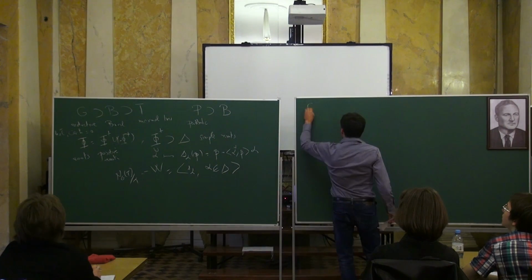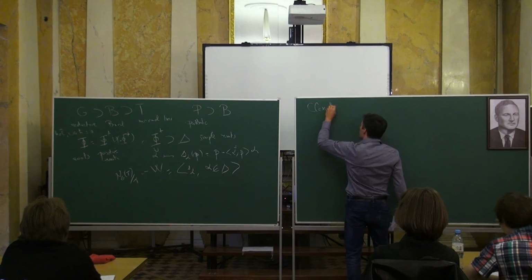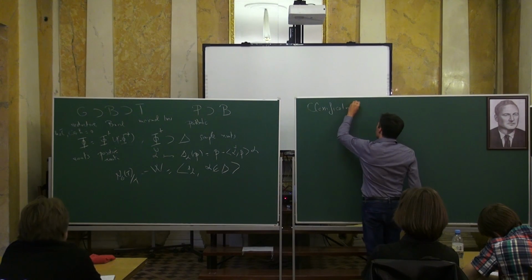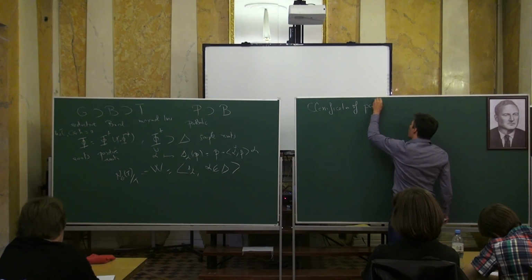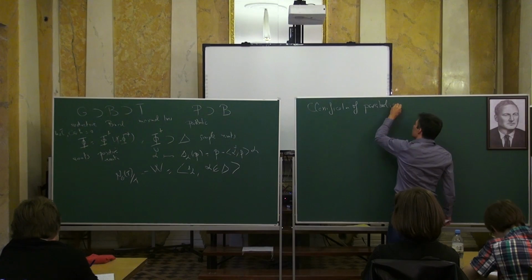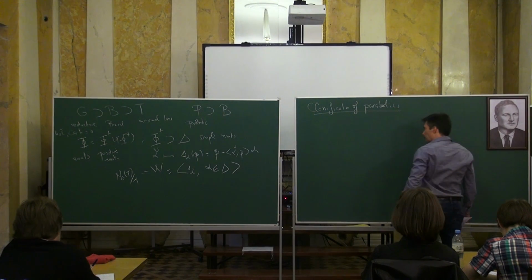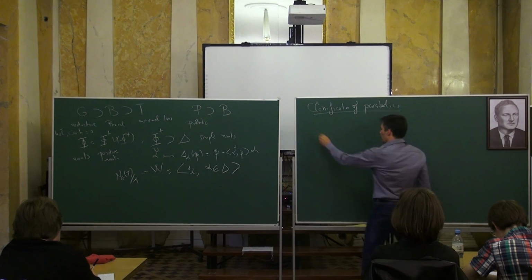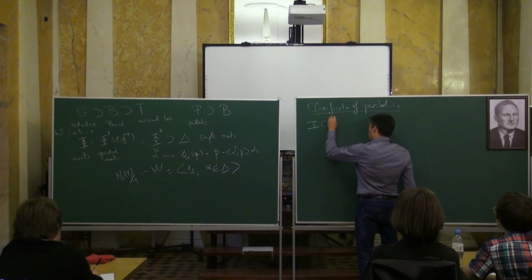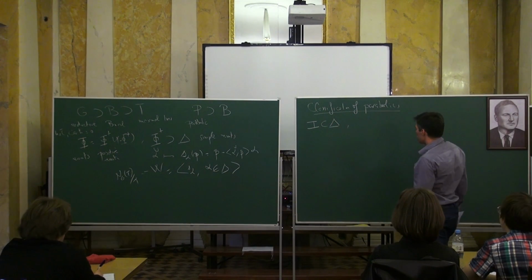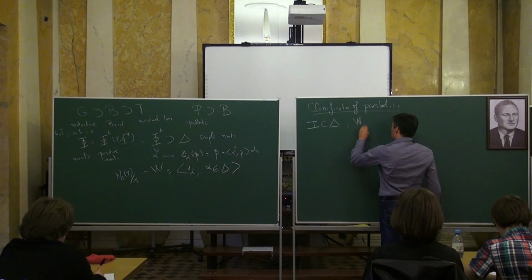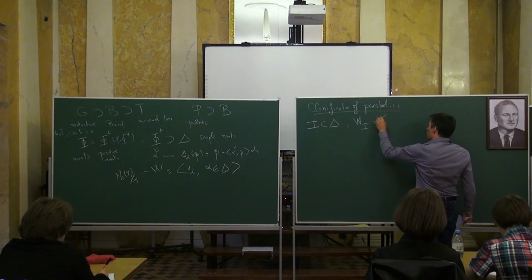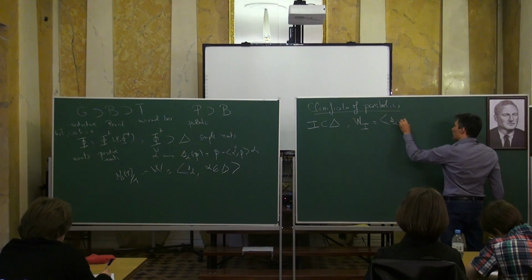And so the classification of parabolics was like that. You choose some subset I of Delta, and then the subgroup of the Weil group generated by the corresponding simple reflections.